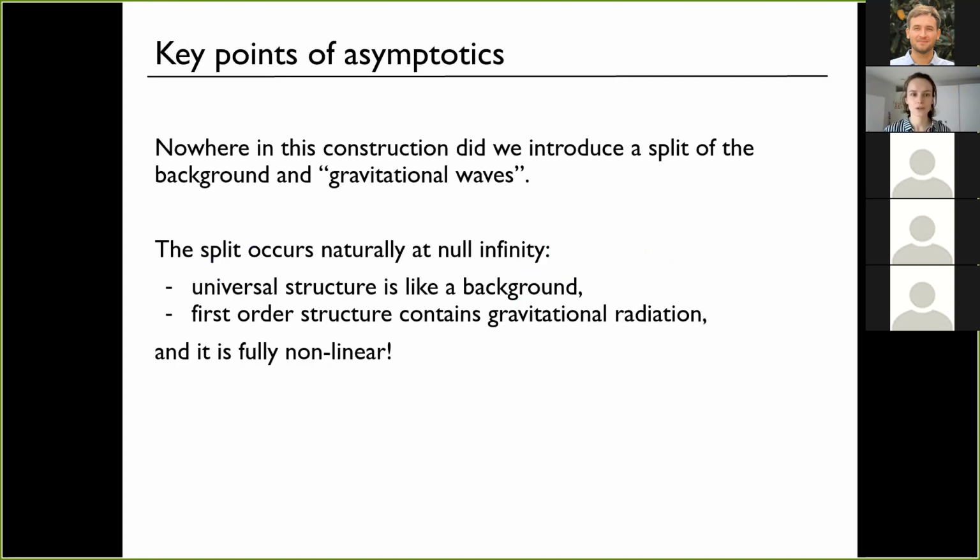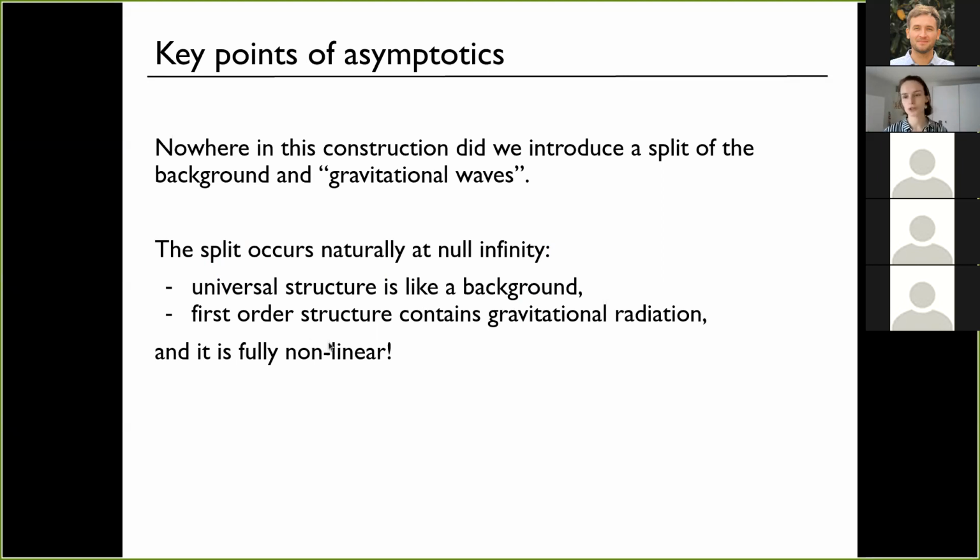Before I move on, let me say some key points again. Nowhere in this construction did we introduce some split of background and gravitational waves. This happened naturally at infinity, where the universal structure is like your background metric.